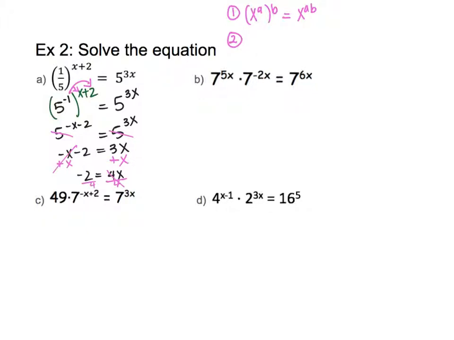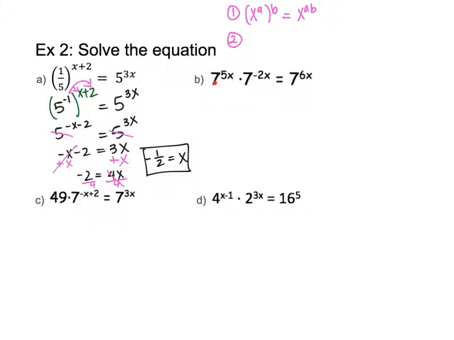So -2 divided by 4 gives me -1/2 equals x. And now x is by itself. Okay, so with that one, anytime you have 1 over a number, feel free to use that base, so the 5, and just raise it to the -1 power, because that's how it got in the denominator, because it was a -1 as a power.